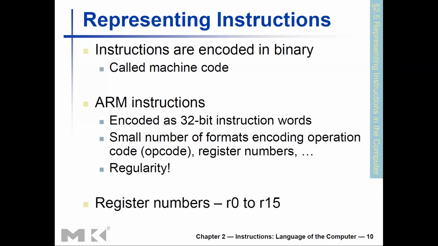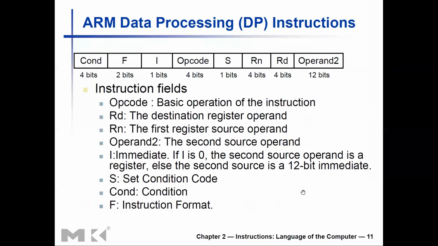And regularity: all these instructions are 32 bits in size, and the way the formats are organized is regular. The register numbers we have in ARM are from R0 to R15, because we have only 16 registers.